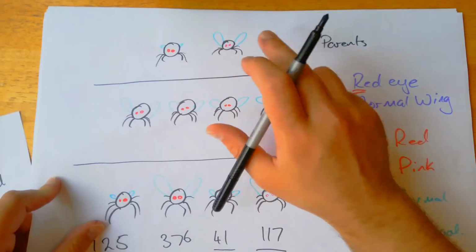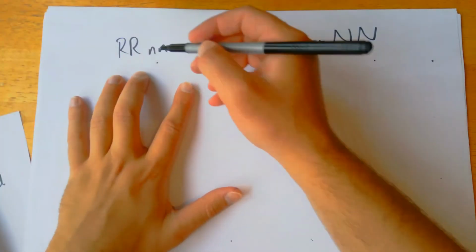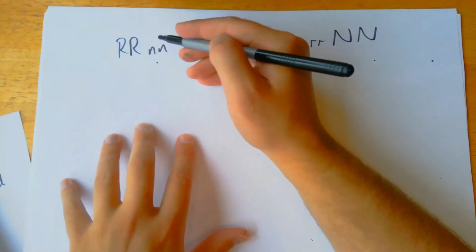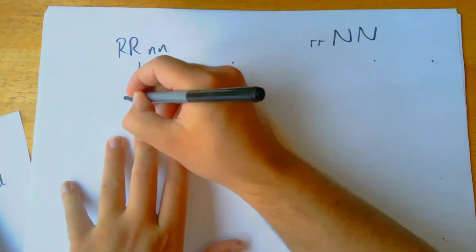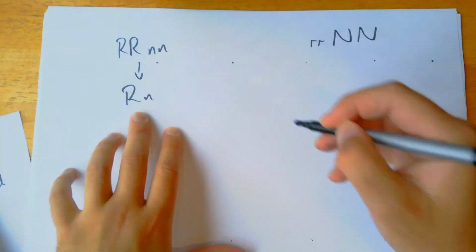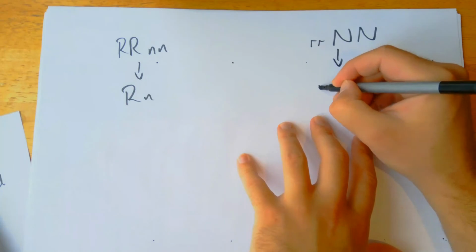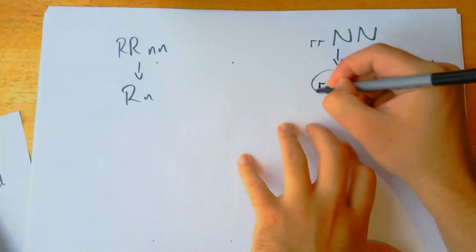These guys up here. Oh, guys and girl, I suppose. What are the gametes going to be? Well, when we've got a pure breeding couple, there's only one option that we can have. It's going to have one dominant and one recessive. Same thing here. It's going to have one recessive and one dominant gamete.